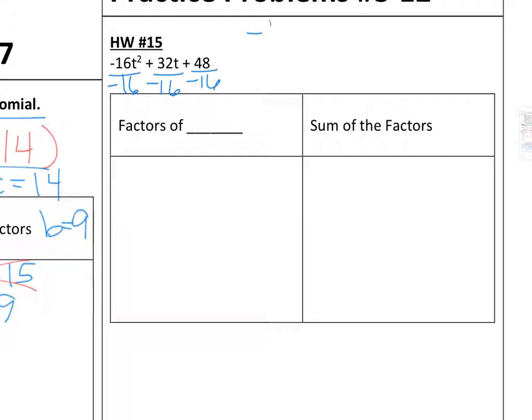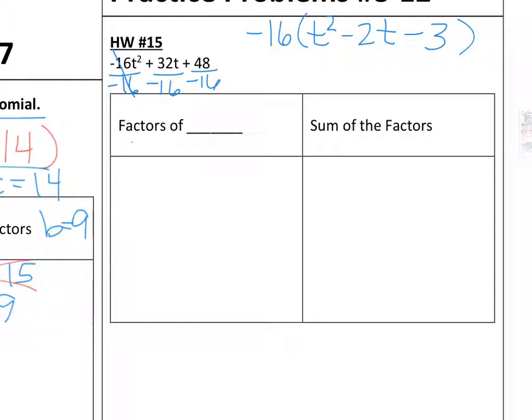So the negative 16 that we divide by goes out in front, and these cancel here, so I've got t squared. And then 32 divided by negative 16 is negative 2 with a t left. 48 divided by negative 16 is a negative 3.